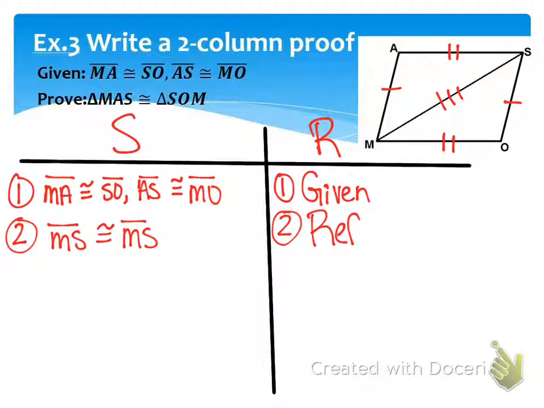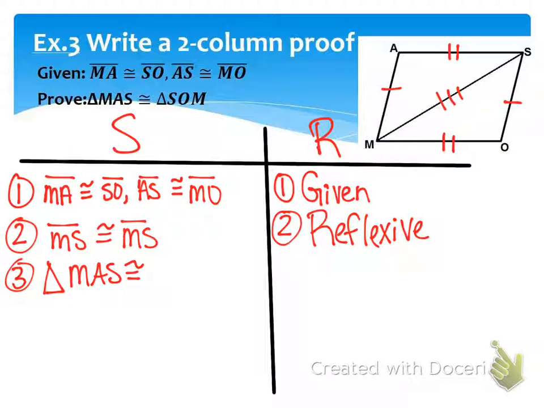The reflexive property. The reflexive property is going to be one of your best friends when we do triangle proofs. So, do we have enough information to make our proof statement? Yes, because we've got all of our pairs of sides congruent from one triangle to another. So we can say triangle MAS is congruent to triangle SOM.